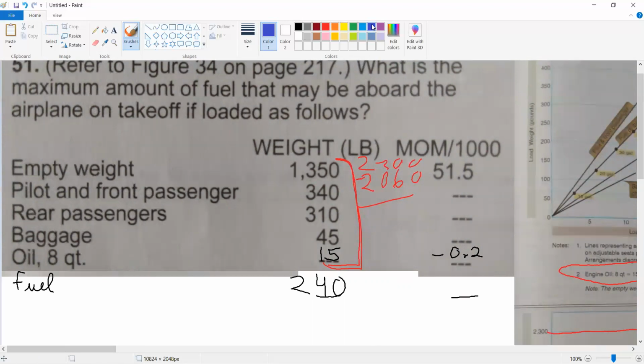So we know that we have 240, right? And our factor is what? Our factor is 6 pounds per gallon.